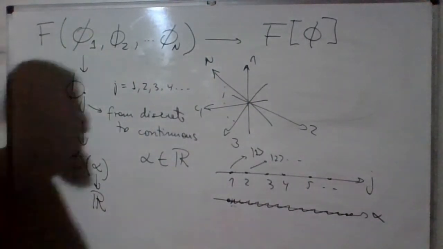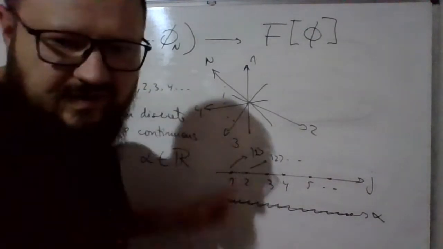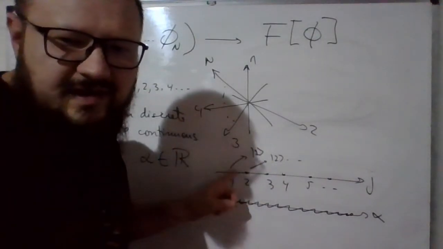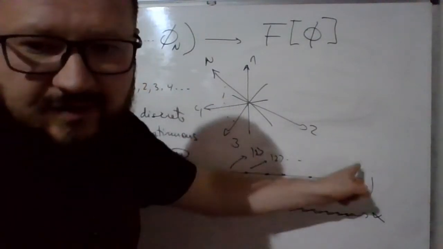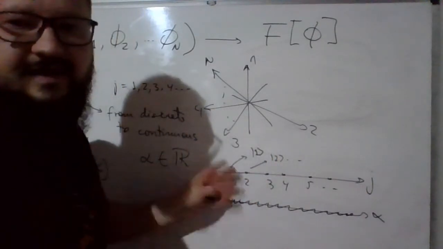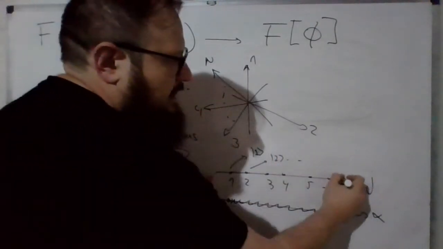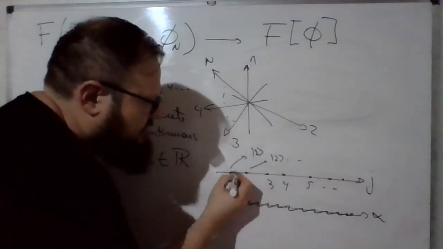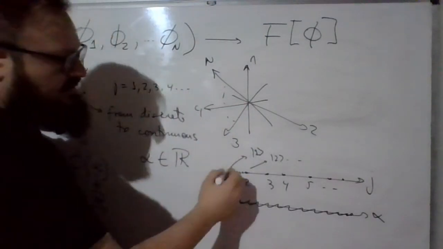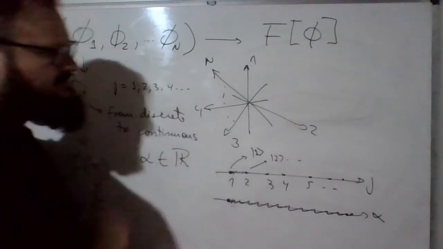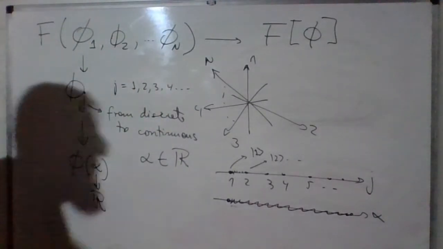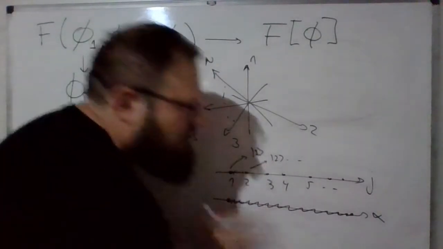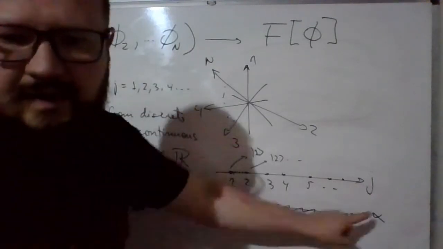So it's a limiting process for which I take discrete values, take the limit n going to infinity, and a very dense set of points here displaced by some delta of alpha. And now I have a continuous index.